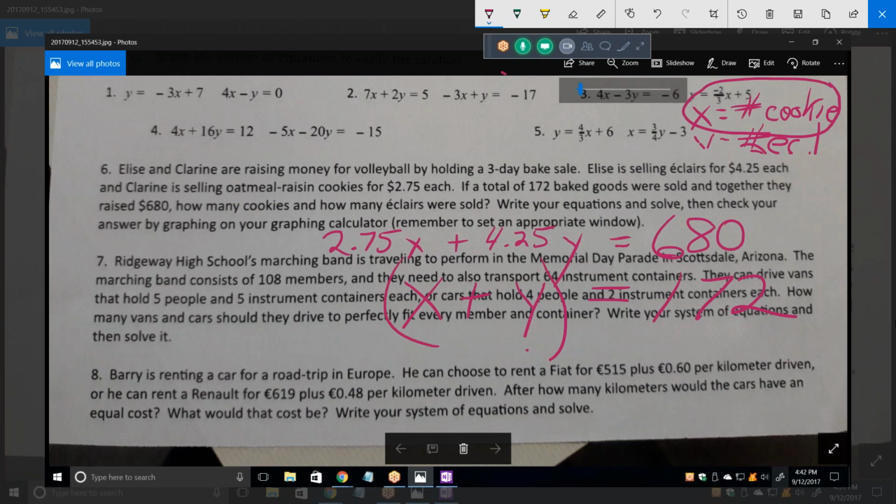In other words, the left side I'm going to multiply by negative 2.75, which means I have to multiply the right side by negative 2.75. The only reason I do that is because now in my new equation 2, I'm going to be able to add, not have to subtract, which is always easier for people.